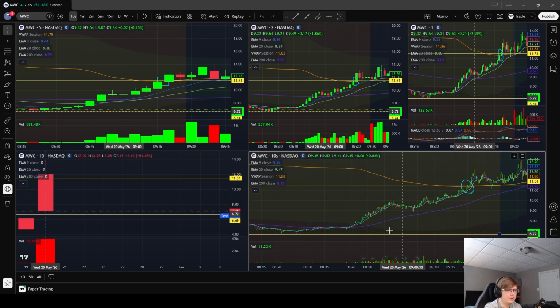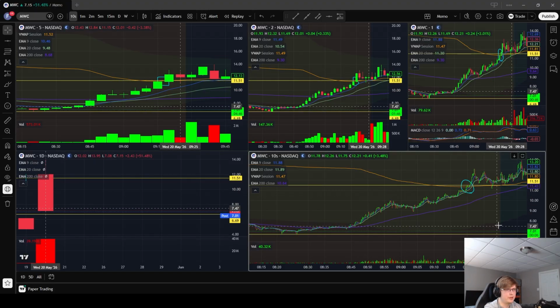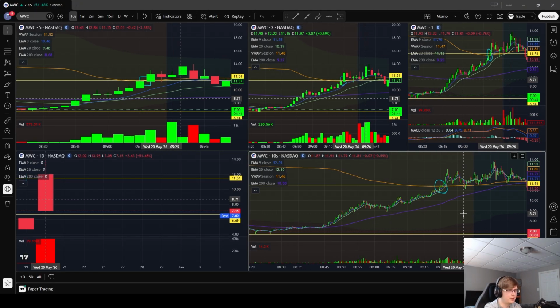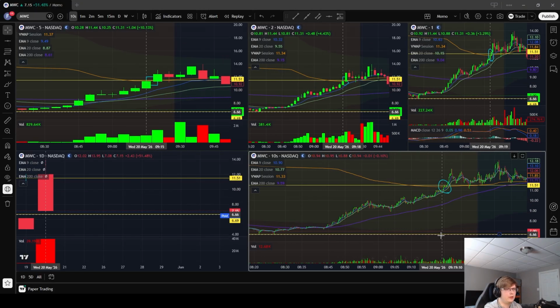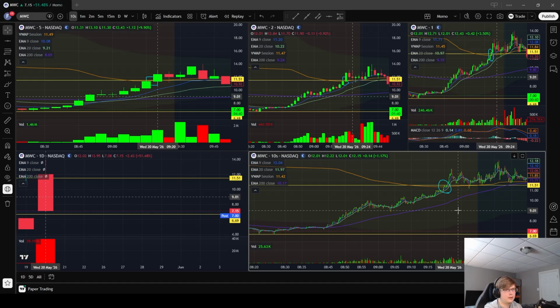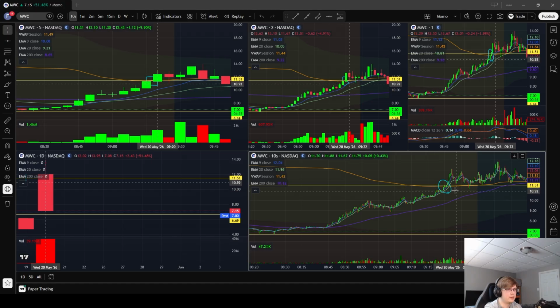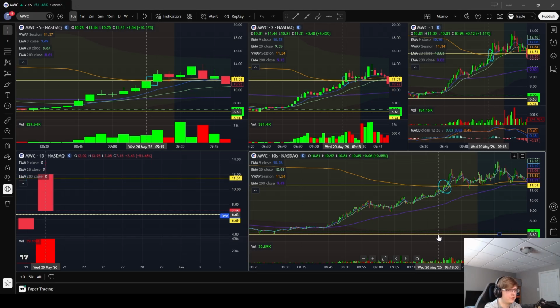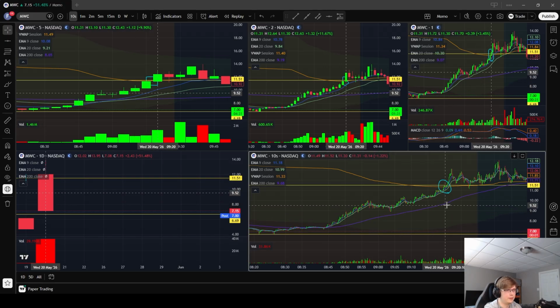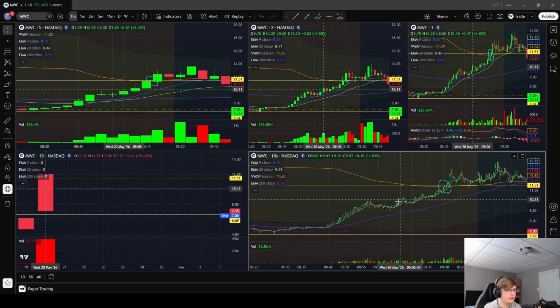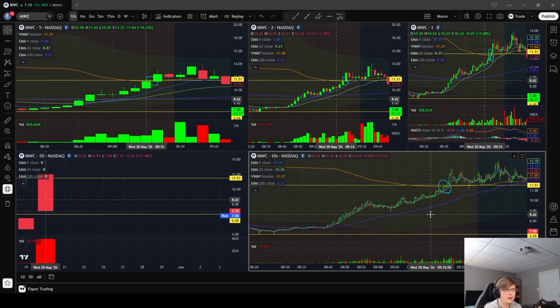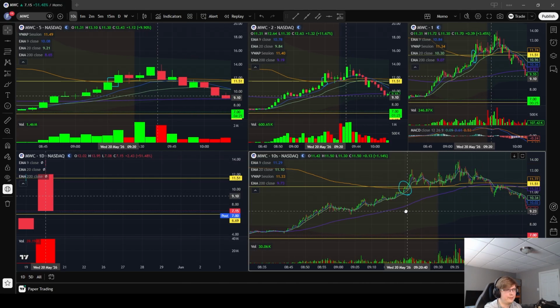So if you were to enter down here at 6.69, as it pulls all the way back on a fresh entry, I would not set my first profit target to be all the way up at VWAP if I entered down here. It would probably be closer to like the 200 EMA or maybe one of these pivots or something. But let's say you held all the way up to VWAP.